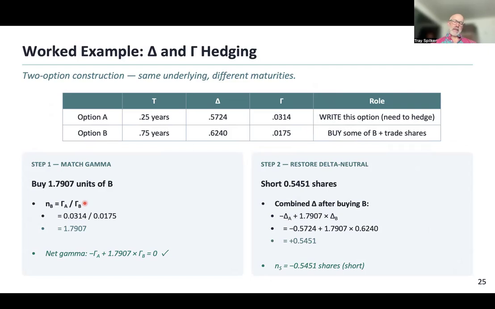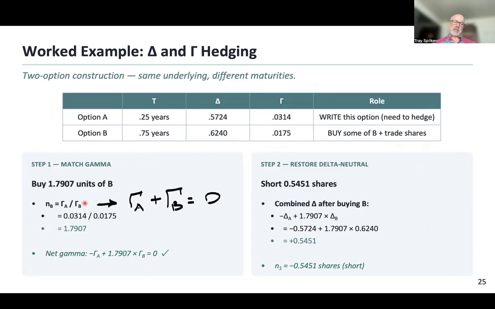Another way to intuitively think about this formula is, your setup should be the following, right? We have a gamma exposure to option A, and when we combine it with a gamma exposure to option B, the total should be equal to zero, right? And so that's where we get this ratio of these different options here.